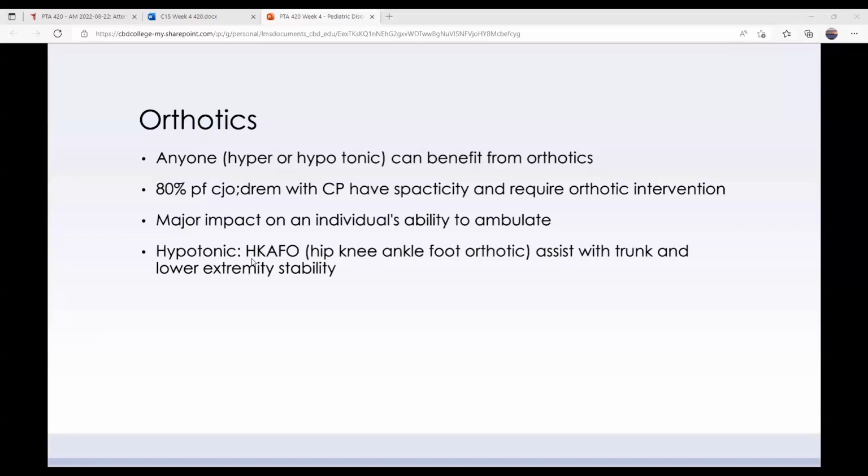So when you're taking an exam and there's an HKAFO question in there, it's probably not about the HKAFO. You've got to look at the other things that the question's telling you. Is there a tone issue? If it's flaccid, the only individuals who are flaccid is somebody who has a spinal cord injury. Okay. All right.